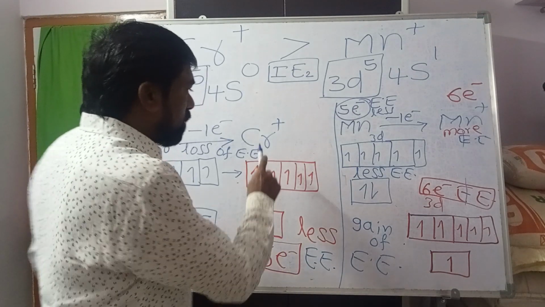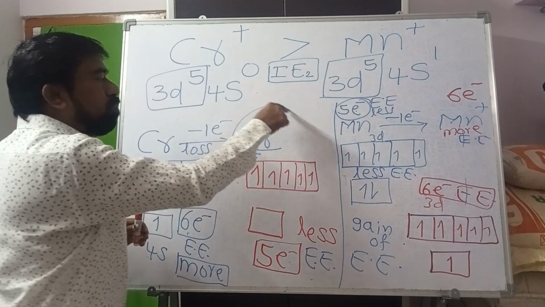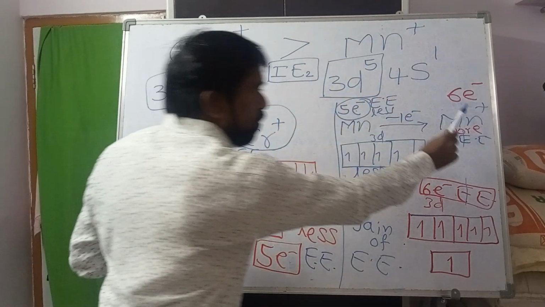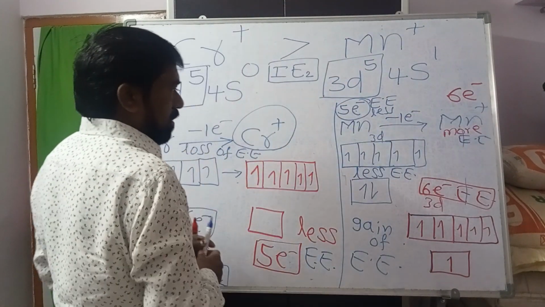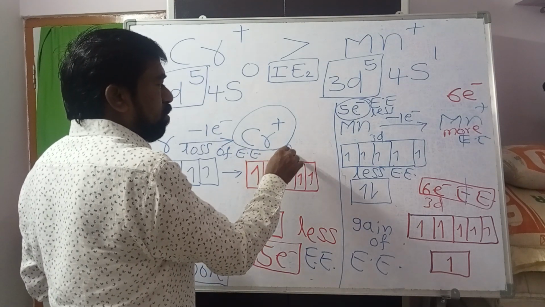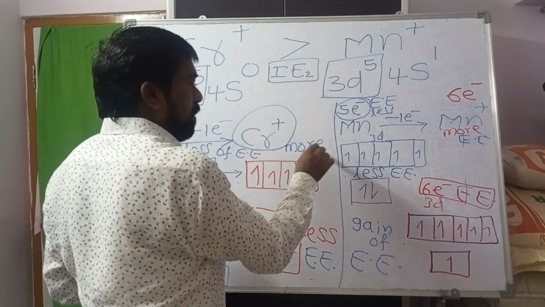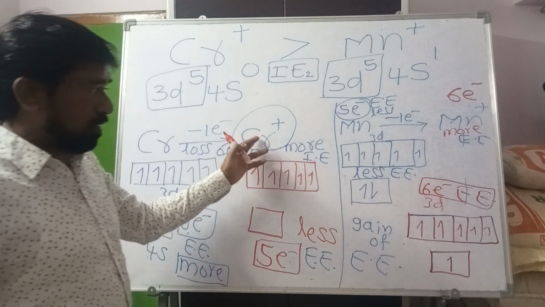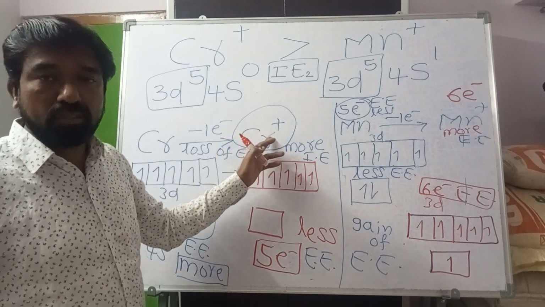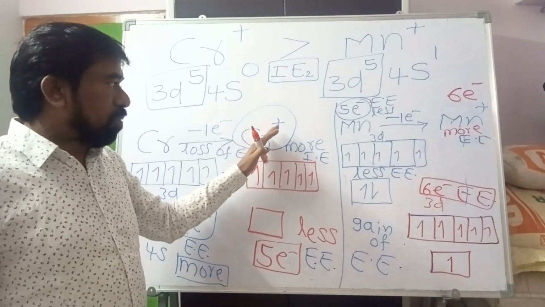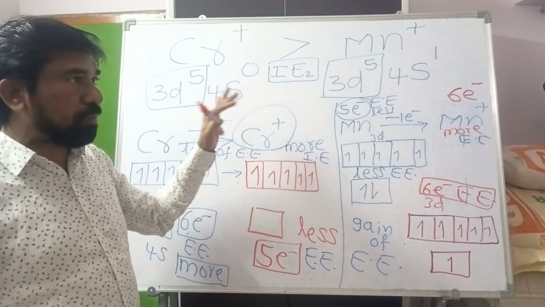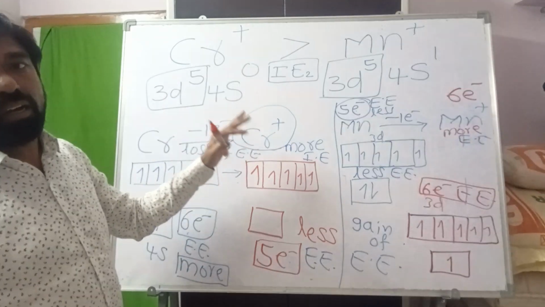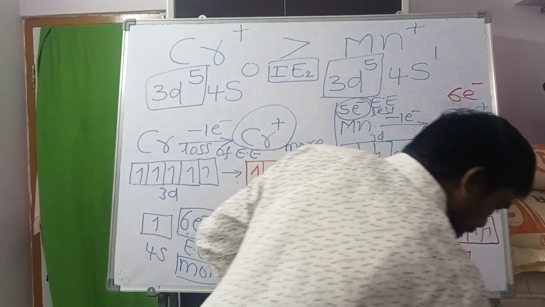Therefore, this Cr plus is more stable compared to Mn plus. That's why it has more ionization enthalpy. Further, when 1 electron is removed from Cr plus, that is the second ionization enthalpy. The higher second ionization enthalpy of chromium is explained by the exchange energy concept.